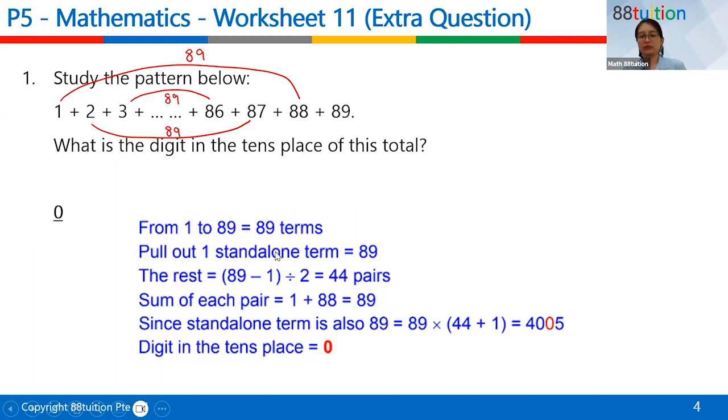Because we take out this one, there's actually 88 numbers. As a pair, 10 becomes 5, so we divide by 2 and know there's 44 pairs. The value of one pair is 89. Because we add this last one, which is also 89, technically there are 45 pairs of 89.